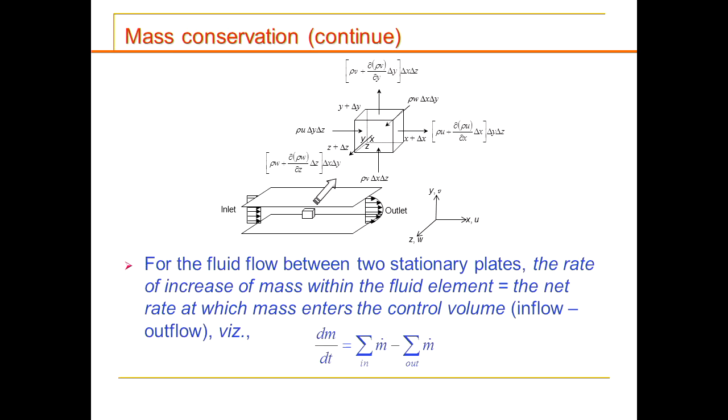Your rho u at x plus dx equals, first thing first, f of x, which is rho u, plus dx divided by 1 factorial times d rho u by dx, right?